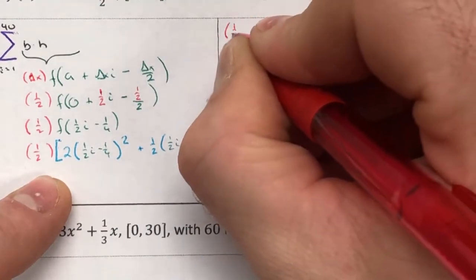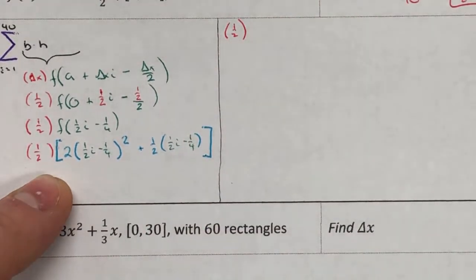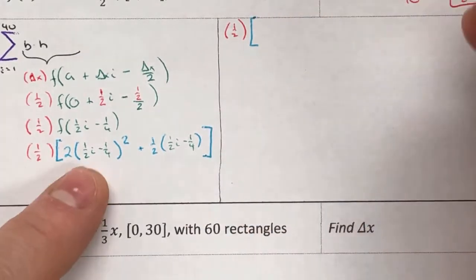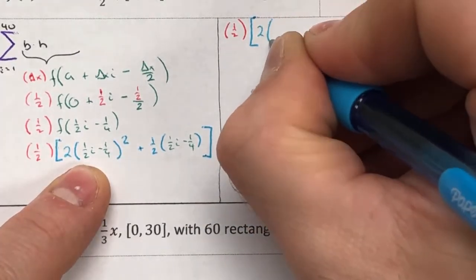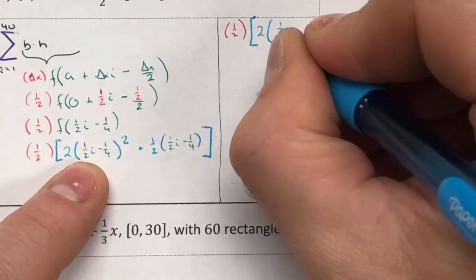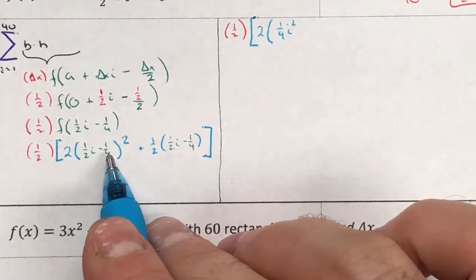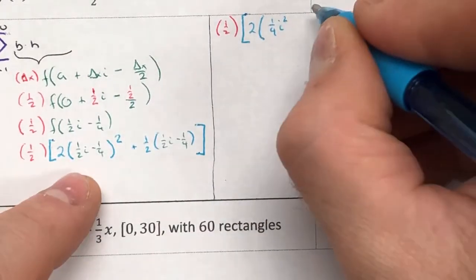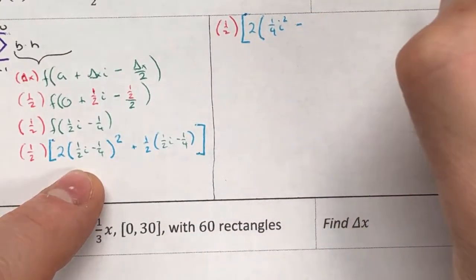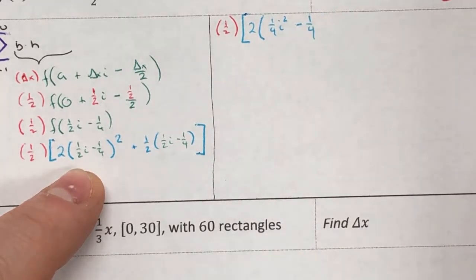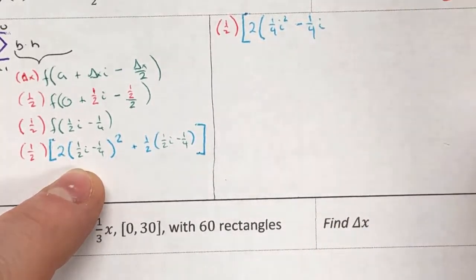So we have our 1/2. First thing we're going to do is we're going to square this. We know the generic rule for this is I square the first term, so 1/4 i squared. I multiply the 2, that's negative 1/8, and I double it. So 2/8 is going to reduce down to 1/4 i.